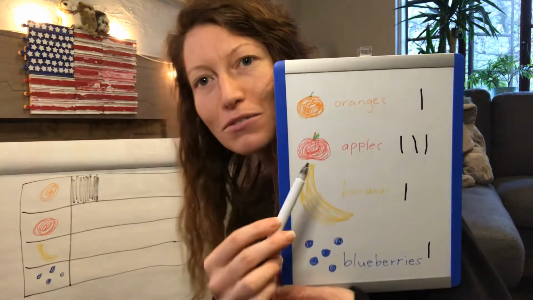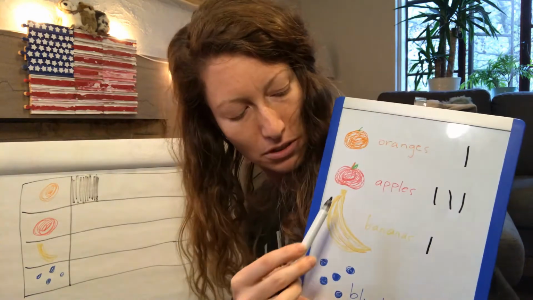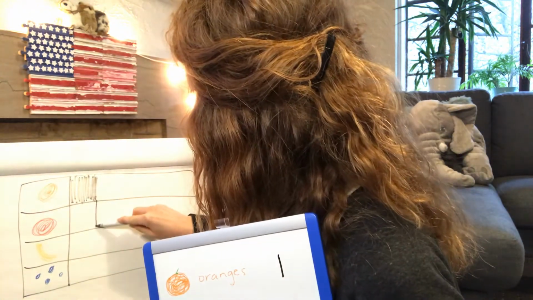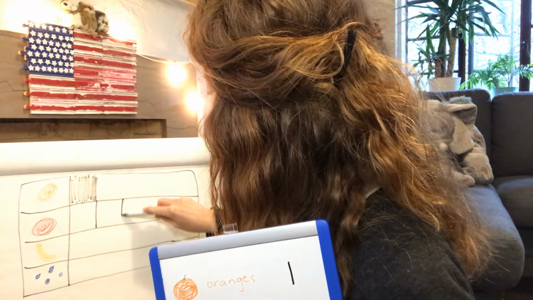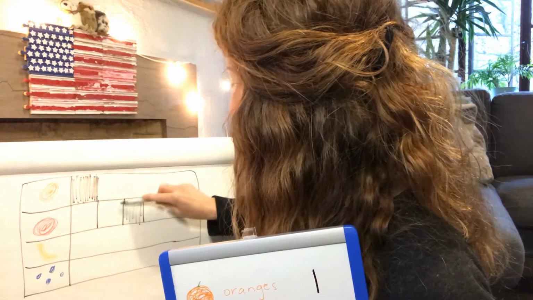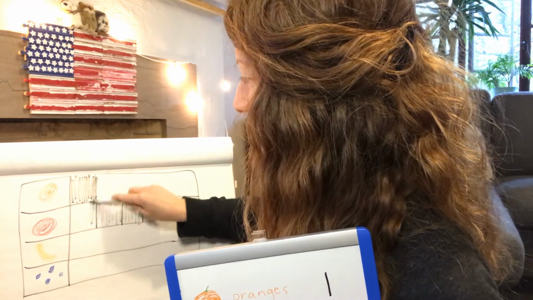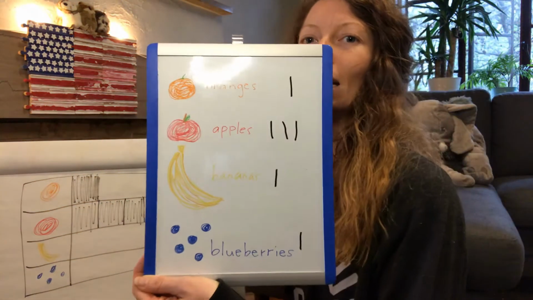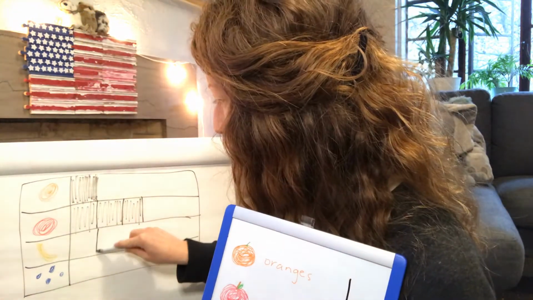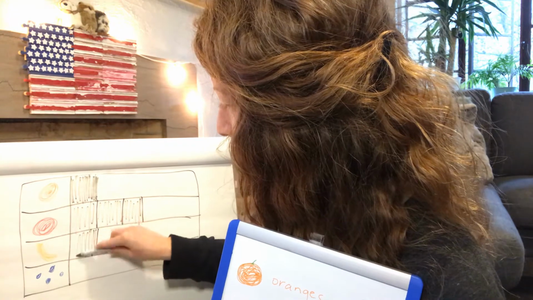How about apples? How many votes for apples? 1, 2, 3. So I'm going to make 1 square, 2 squares, 3 squares, and color those in. Okay, bananas. How many votes for bananas? 1 square for bananas.